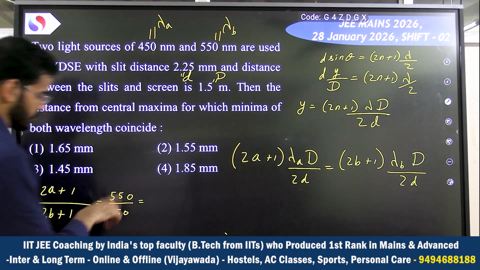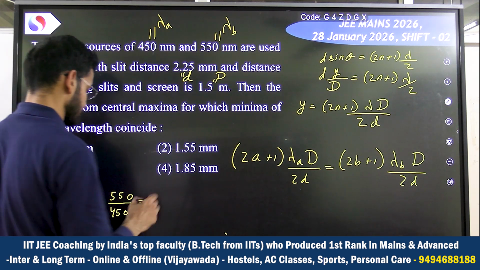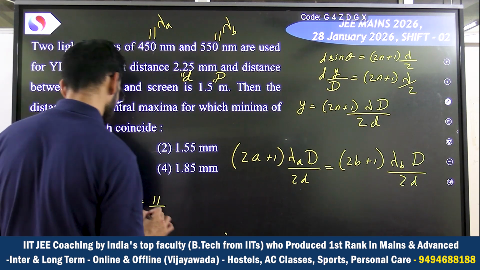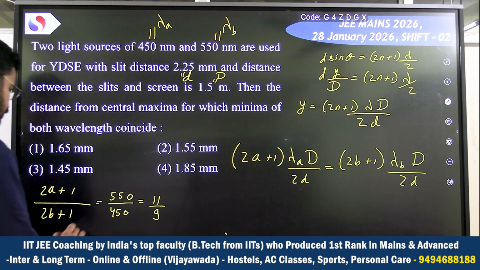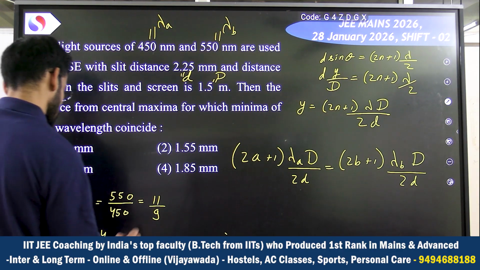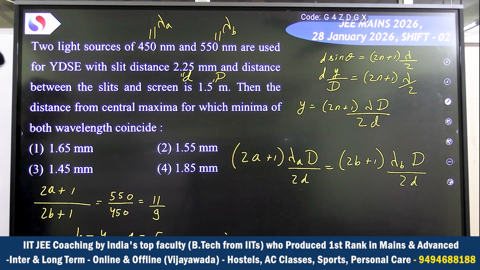If you cancel out with the table of 5, how much will you have? 11 by 9, right? So what suitable values of A and B can you think of? I think I can go with B equal to 4, for which A will be 5, right?